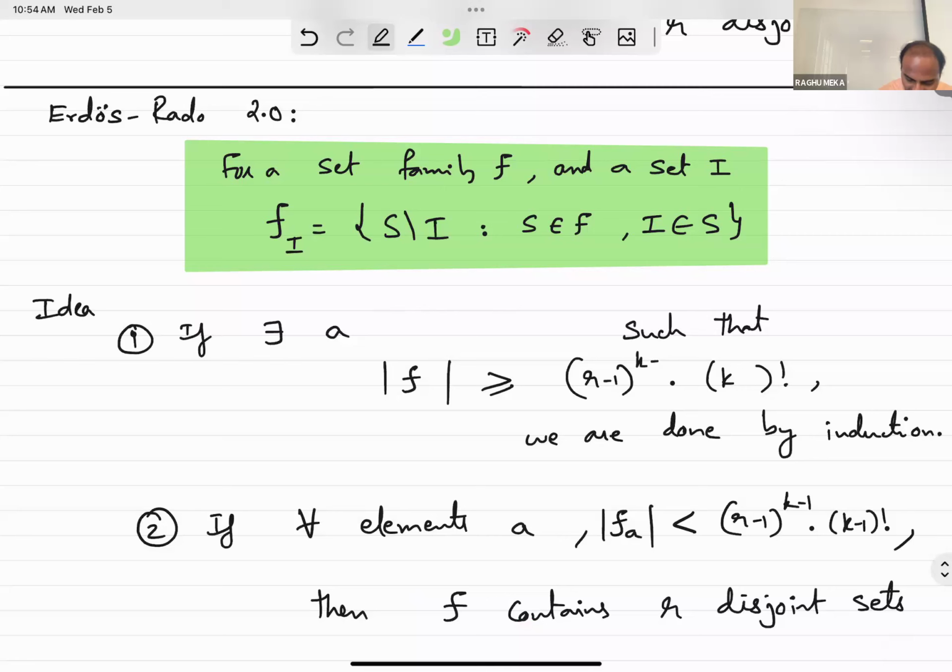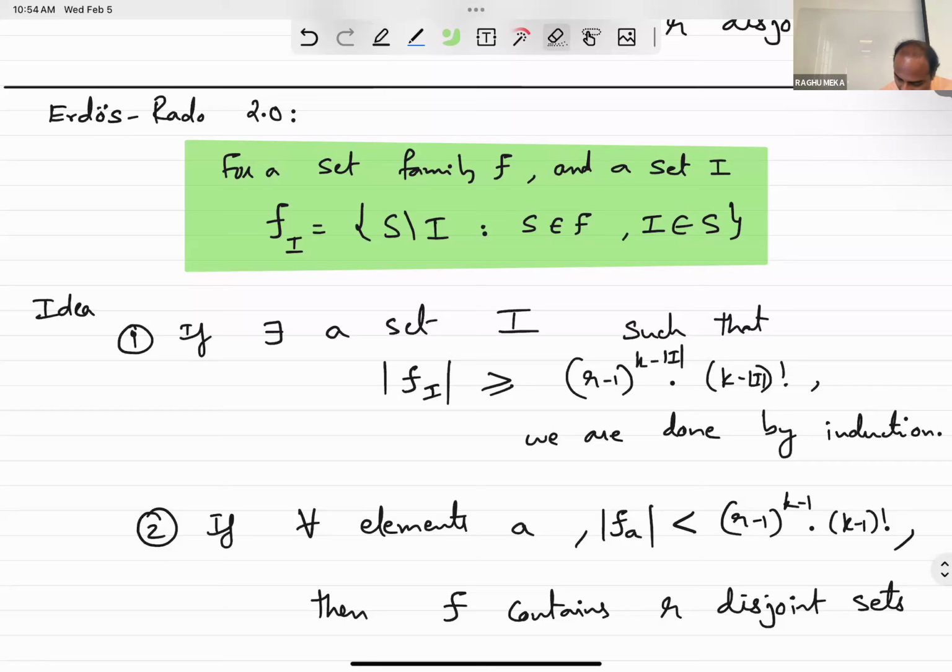If there exists a set I such that, what should I put here? The size of I, right? Because in some sense, everything in F_I is of size at most k minus the size of I. So I can use induction as long as this holds.